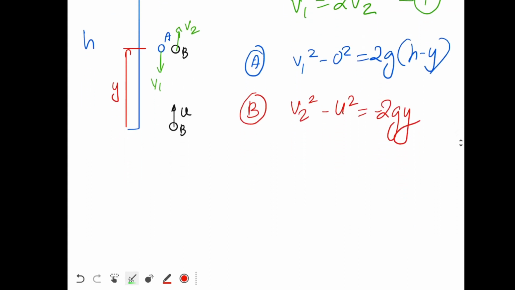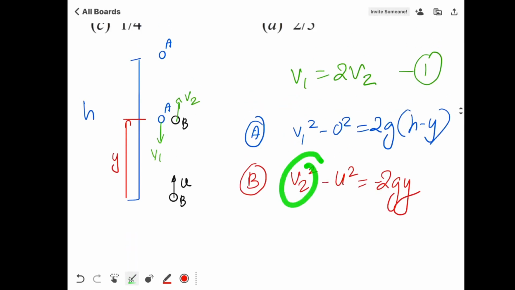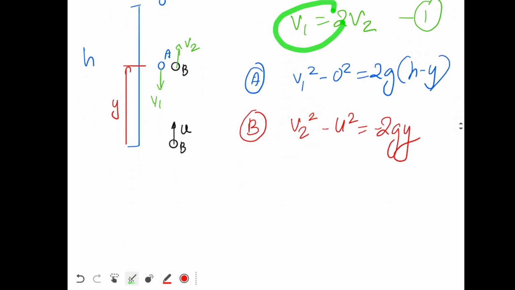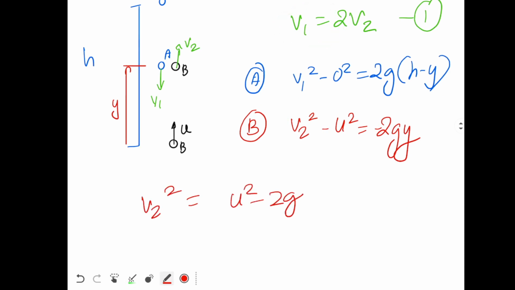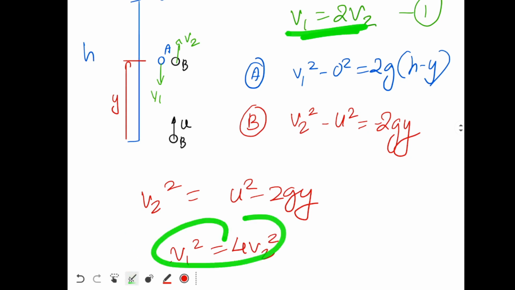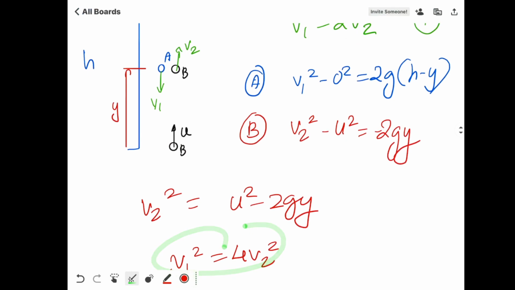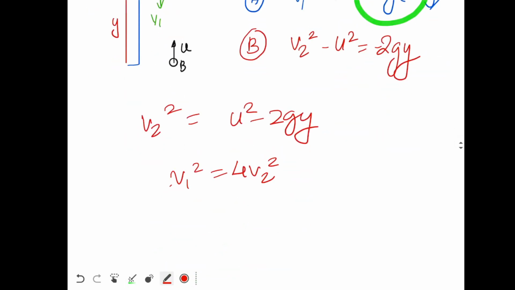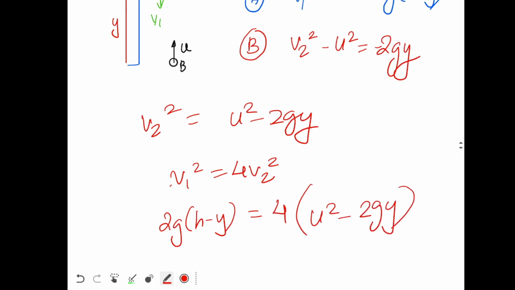So now let's simplify the equation for B. For B, we can write down v2 square is equal to u square minus 2gy. Since v1 square equal to 4v2 square from equation 1, and v1 square is 2g(h minus y), we get 2g(h minus y) equal to 4 times (u square minus 2gy).